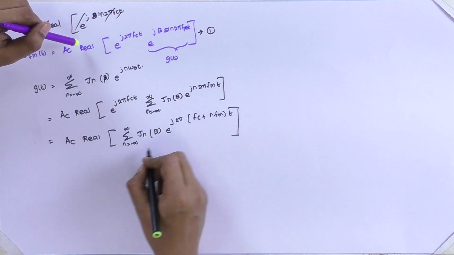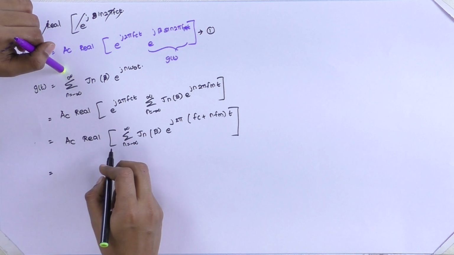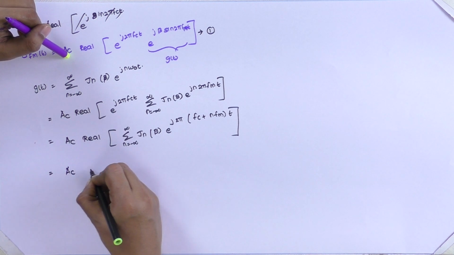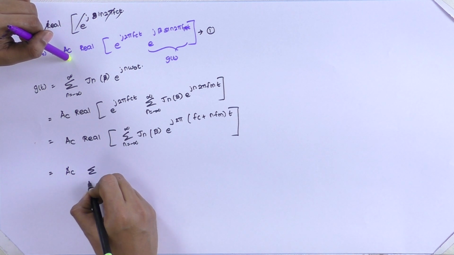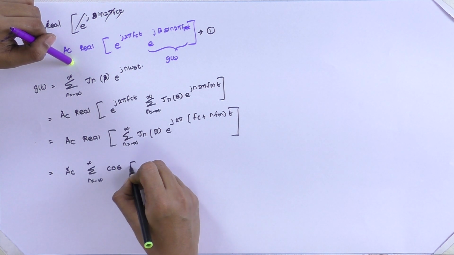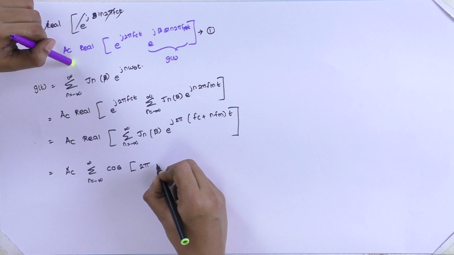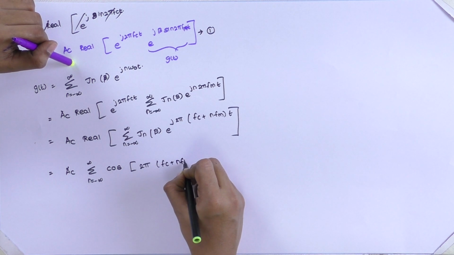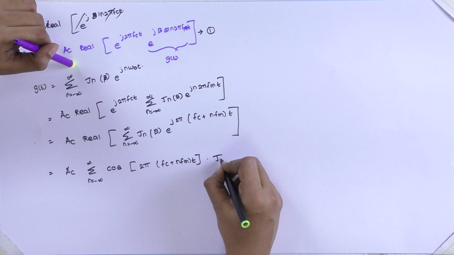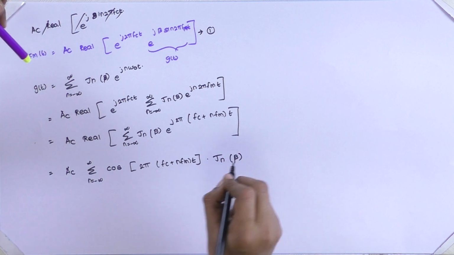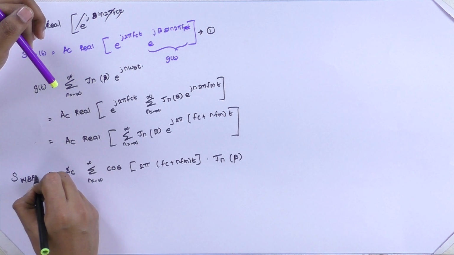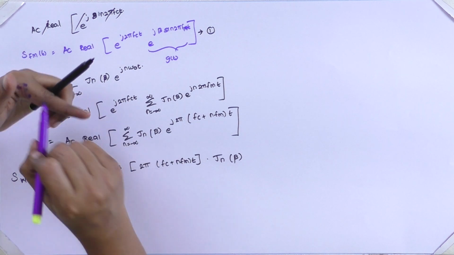Therefore, this can be replaced as AC summation over n is equal to minus infinity to plus infinity cos of 2 pi fc plus n fm into t into Jn of beta. This is a Bessel function term. Therefore, this is the time domain expression for wideband frequency modulated wave.